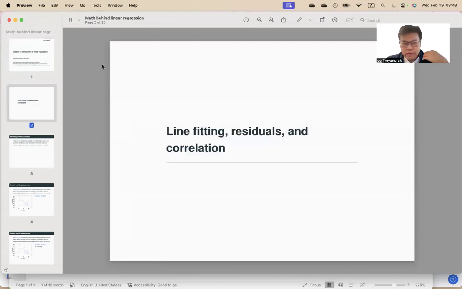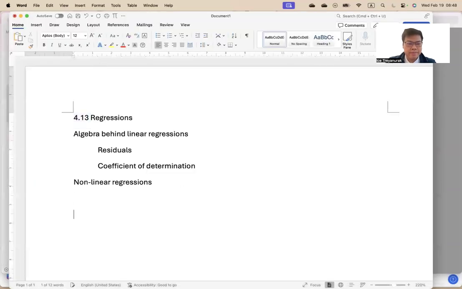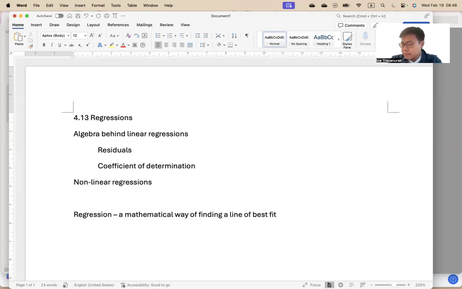So, linear regressions and all regressions are about mathematical ways of finding a line of best fit. Regression, a mathematical way of finding a line of best fit between two variables on a scatter graph.